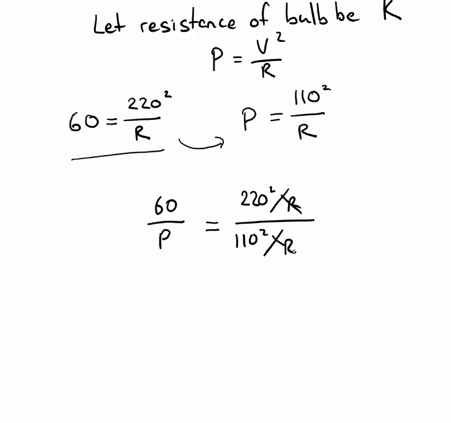You can cancel out the R and rearrange to find that P equals 220 squared divided by 110 squared times 60. And if you do that calculation, you'll find that is 15 watts or 15 joules per second. And that's our two examples.